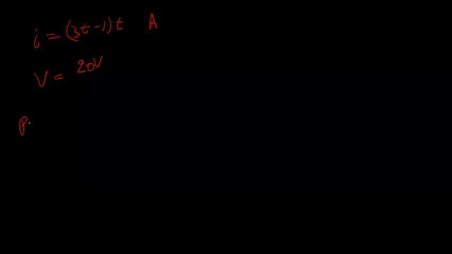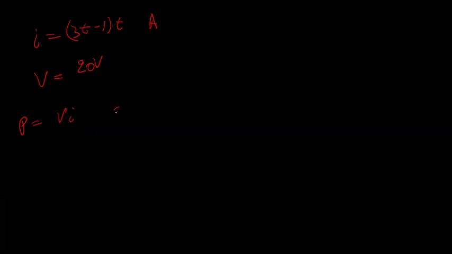So in this case, I is 3t minus 1 times t, and V is 20 volt. Power is V times I, and we're asked when t equals 5 milliseconds.